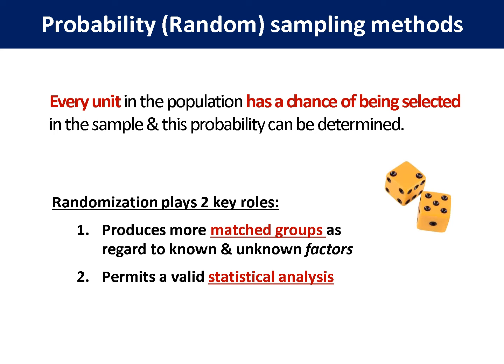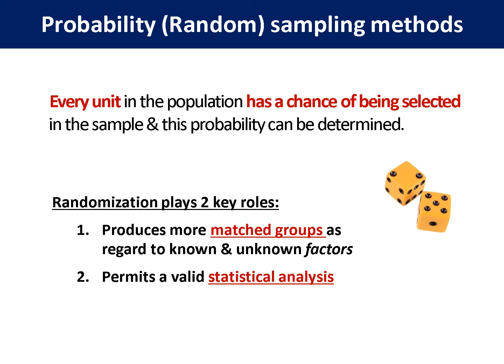On the other hand, in the probability or random sampling method, every unit in the population has a chance of being selected in the sample, and this probability can be determined. Randomization plays an important role, with two key roles in sampling. Number one, it produces more matched groups when we use two or more groups; through randomization, we can do matching of these groups.